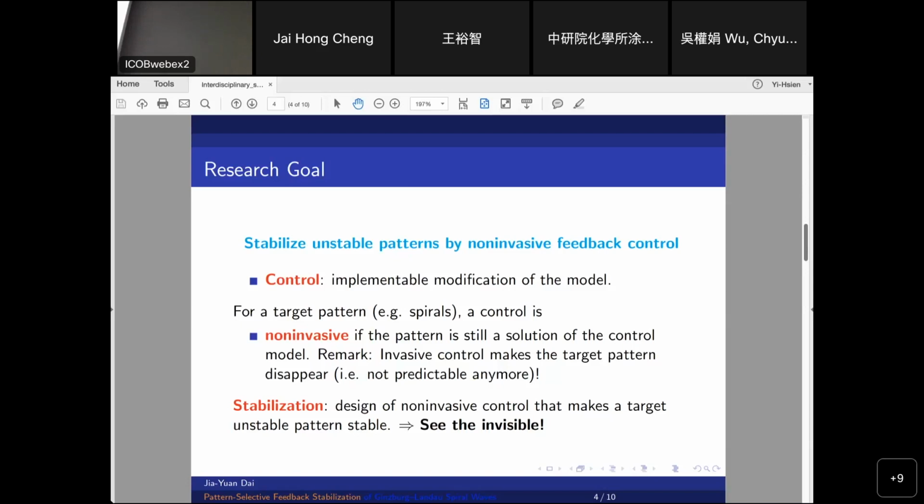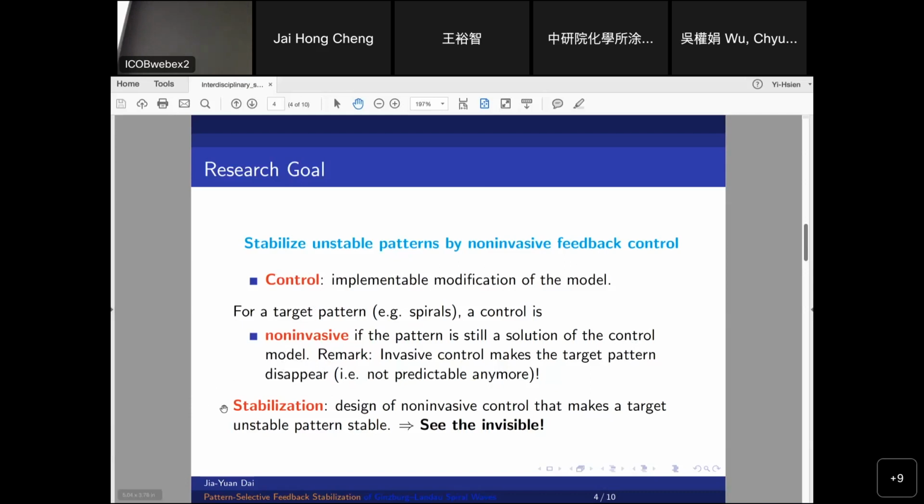But if my control is non-invasive, the pattern is still a pattern of the control model. So here I have a remark: invasive control makes the target pattern disappear. This is very bad because you want to observe something, but now this pattern disappears by your control. So non-invasiveness is very important in applications.